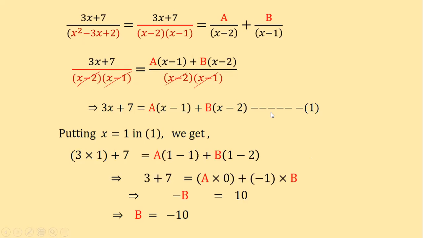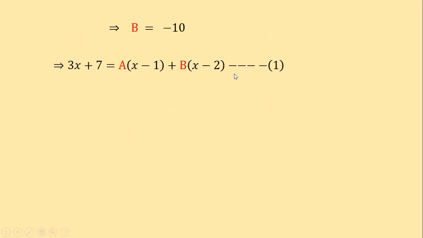Now similarly we will find the value of a. So this is our equation. By substituting, which term will get eliminated? This term will get eliminated. Yes, you are right, it should be 2 here.